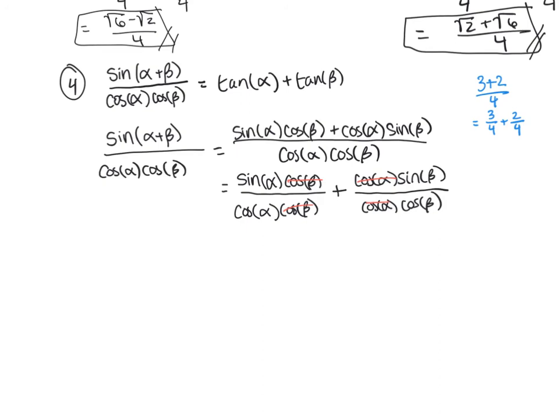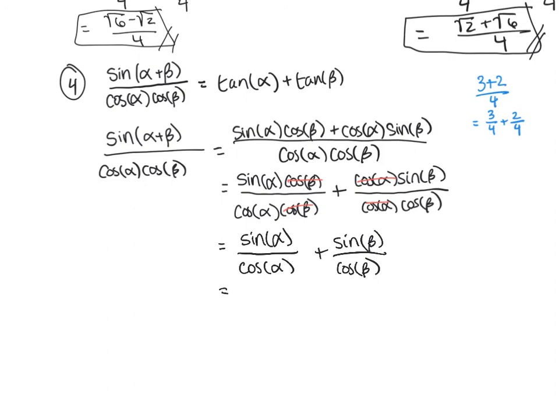So now that we've canceled out everything that we can, we are left with sine of alpha over cosine of alpha plus sine of beta over cosine of beta. And I'm like, hey, you know what? If I look back at my answer, I see we're supposed to have tangent, and I know tangent is sine over cosine.